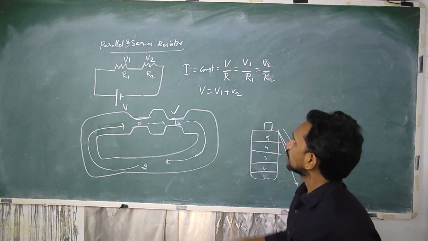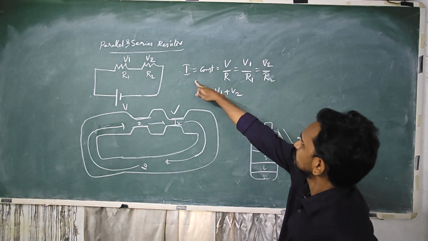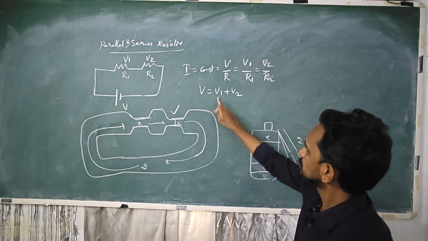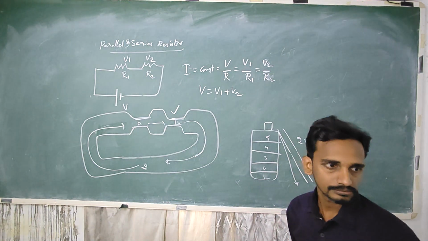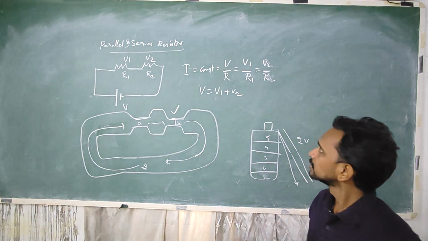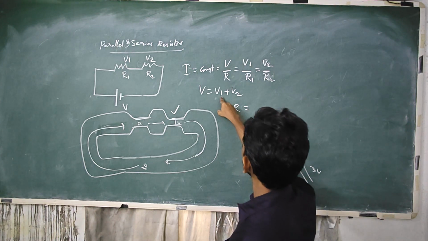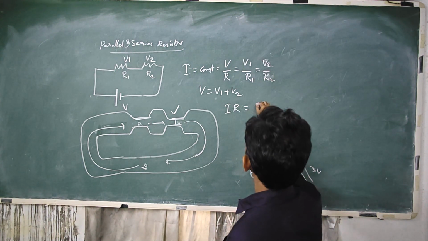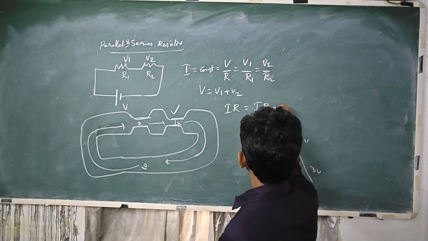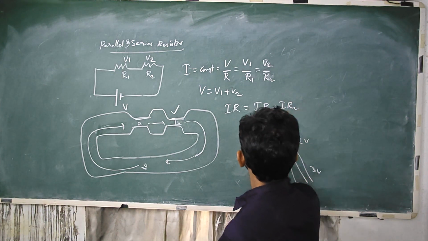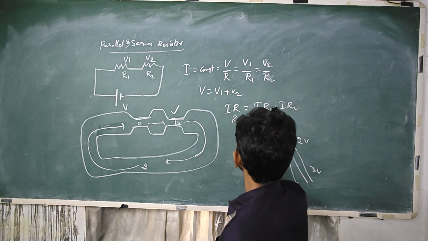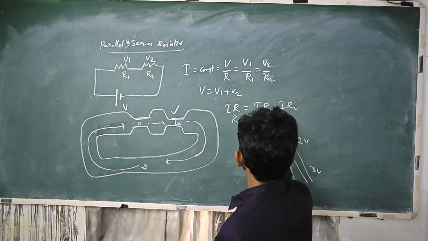So now I use these parameters and substitute here. So what do you get? V is equal to IR is equal to, what is V1? IR1 plus IR2. So in total, R is equal to R1 plus R2.